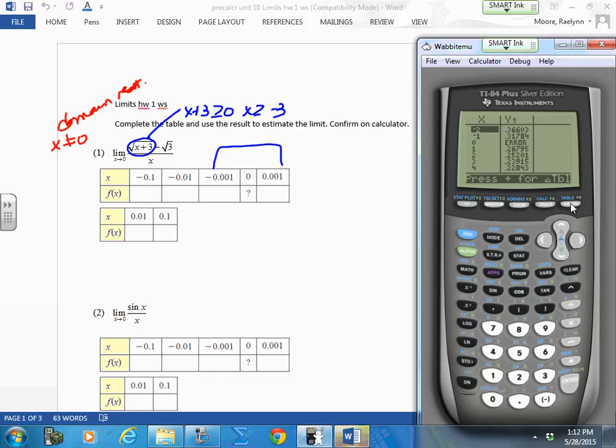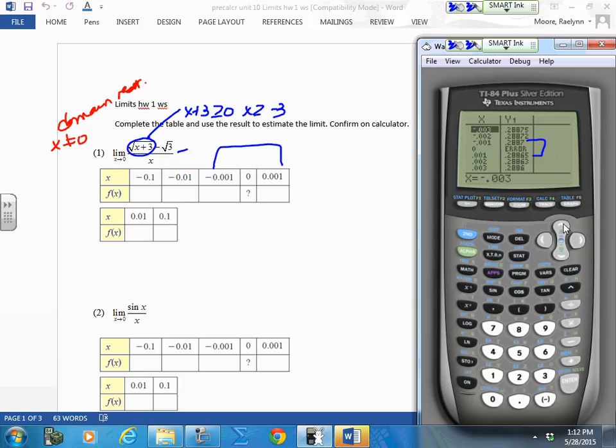I need to get it closer together. So either I can table set, start at -1, start at 0, because that's where I'm going to have a problem, and increment it by 0.001, make it real close by, and now look at my table. Can I now see that it's almost the same point? Isn't it almost the same point?